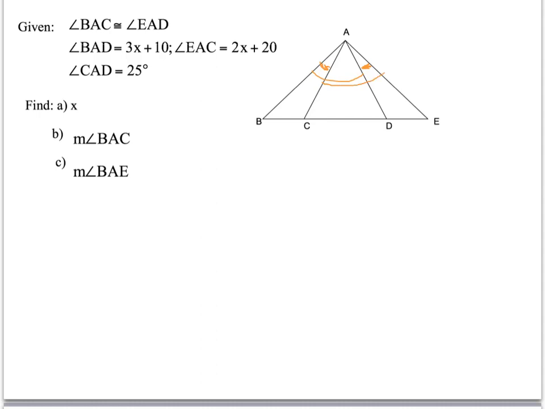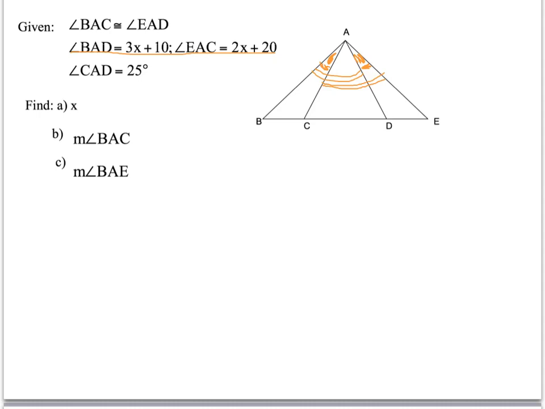For an example, if the small angles were 10 and 10, and this angle CAD was, let's say, 50, 10 plus 50 is 60, 10 plus 50 is also 60. The addition property tells us those two angles are congruent. Now, why is that important? Because in the given information, we are given values for BAD and EAC, those two angles.